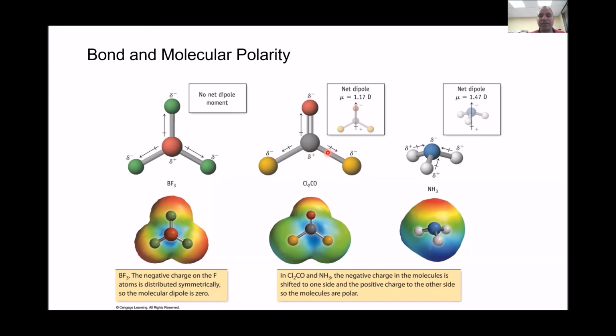And as a result, those dipole moments will not cancel each other. And the molecule will have an overall dipole moment along this direction right here and will become polar. So any type of unsymmetry in the shape of the compound will lead to overall polarity in the molecule.